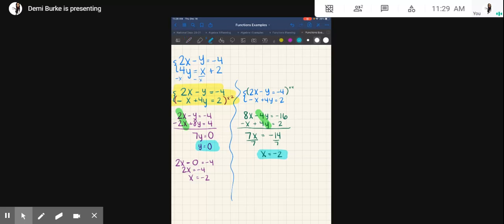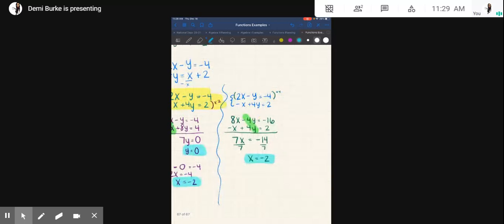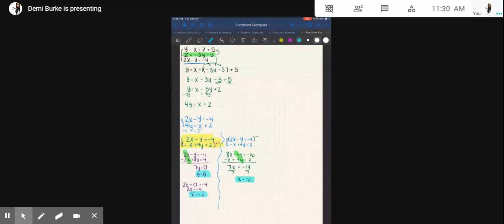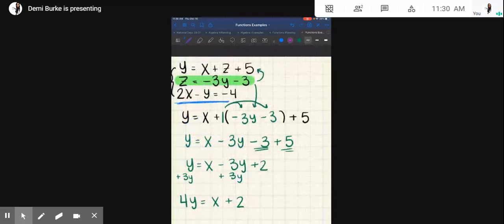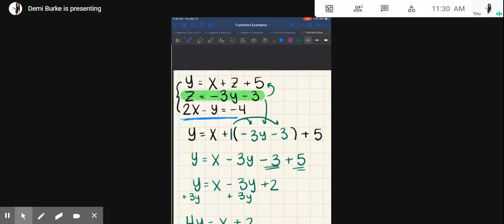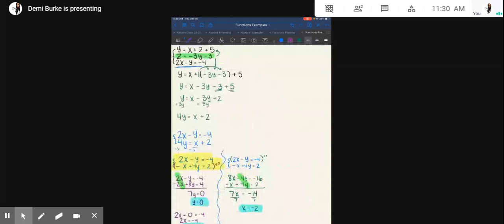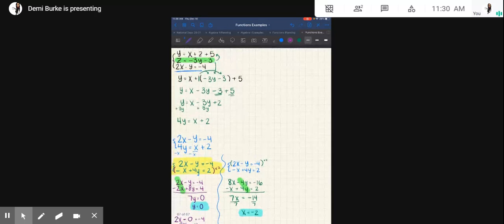So that gives me one more letter. And I can look all the way back up to the top. I have two equations that had a z in them I could use. We may as well use the middle one, the one that we already highlighted in green, because we know that y equals 0, so it's going to be very friendly to plug back in.